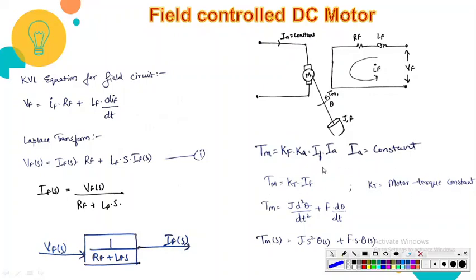And the mechanical load side equation will remain the same because it has the same elements, that is the inertia element and the friction element. So the motor equation will remain the same, that is Tm equal to Js square theta s plus Fs into theta s.